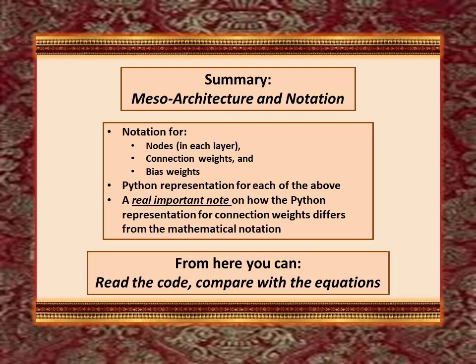So let's sum up. We've discussed the meso architecture for a simple neural network, specifically the layers, the connection weights between the layers, and the bias weights, which are typically not shown when we give pictures of the architecture. We've talked about how we use Python counting to represent the nodes, and we're representing the nodes for the different layers, and the connection weights, and the bias weights as Python vectors and arrays.